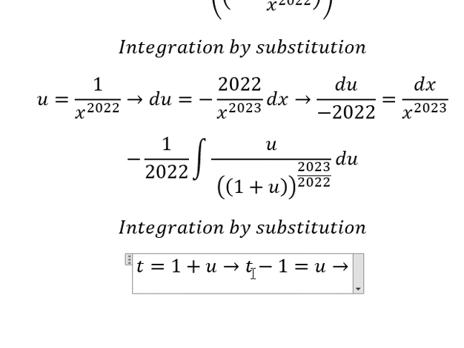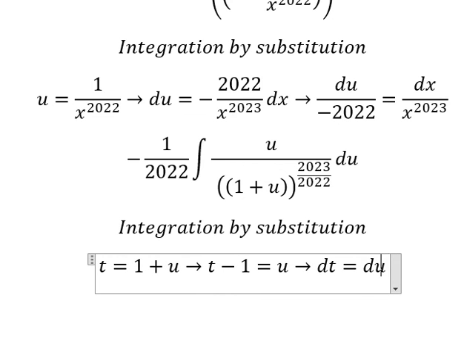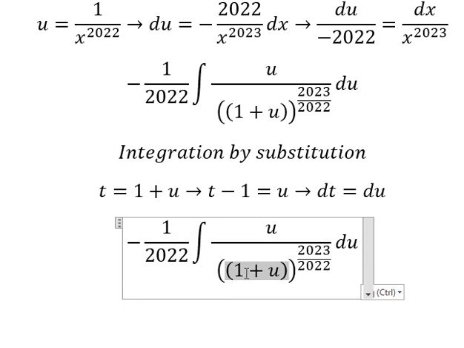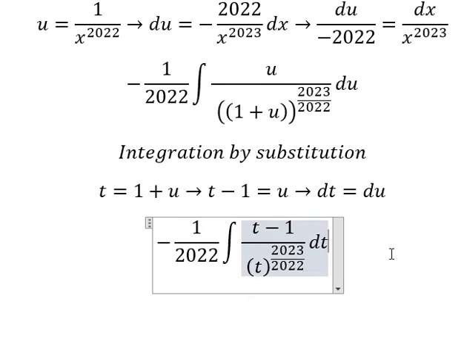Later that, we do first derivative for both sides, and we have dt equals to du. So this one we change by t, u we change by t minus 1, du we change by dt.